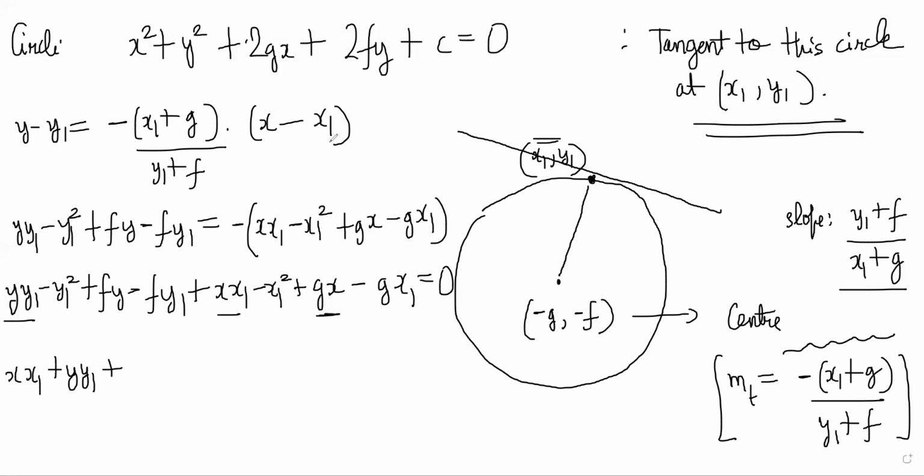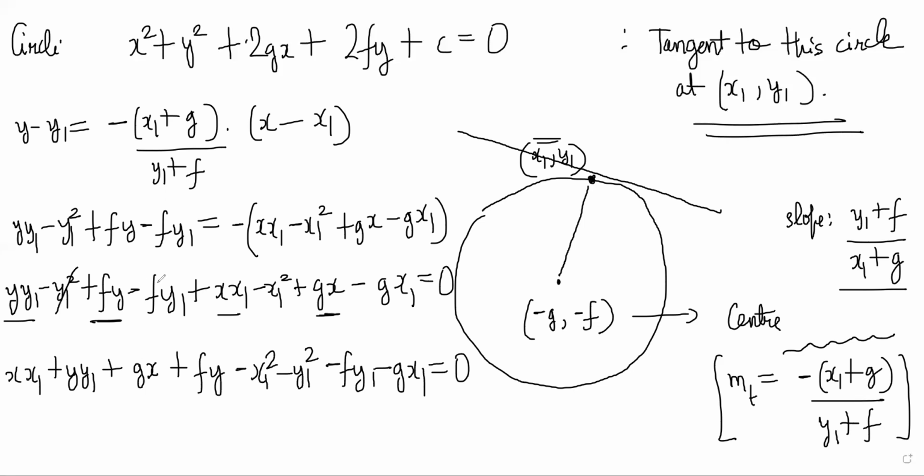No. Okay, fine. I'll just write gx, and I'll write plus fy. I don't think I made a mistake in multiplying. So this is what is coming. This and this. And then I have minus x1 square minus y1 square minus fy1 minus gx1 is equal to 0, right? Yeah. All the terms are taken care of. So this is my equation that is coming right now.